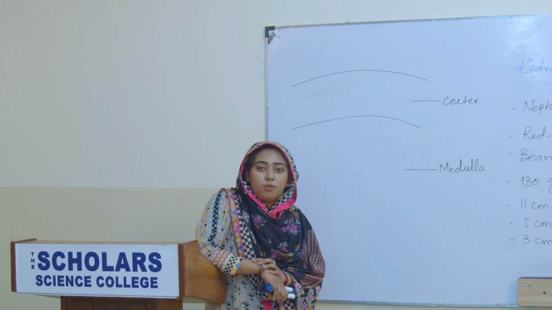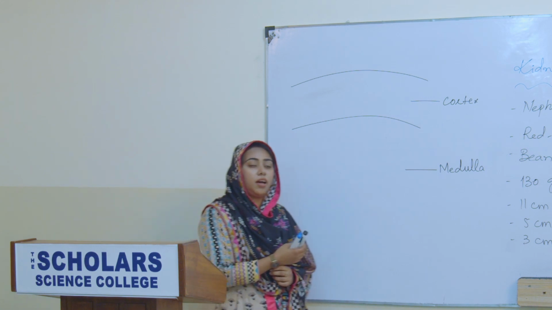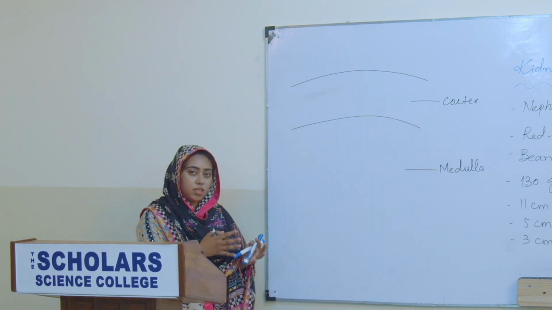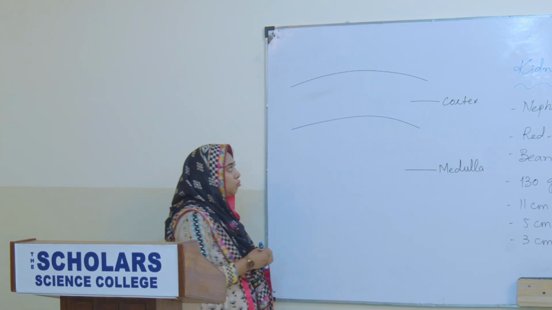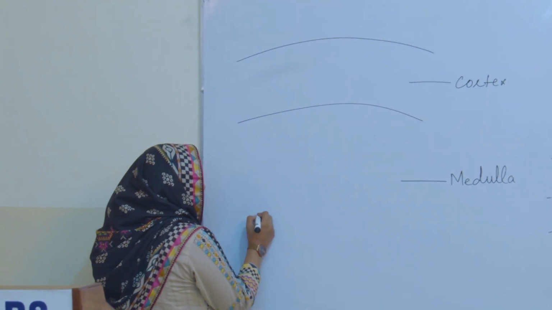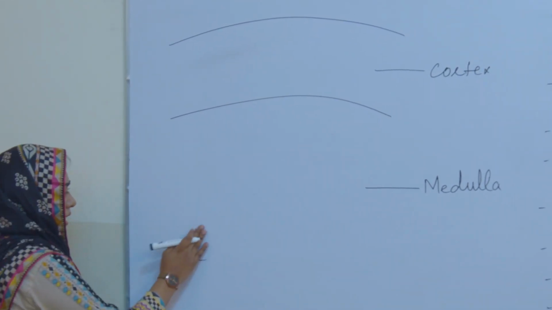Okay, so coming towards the internal anatomy of the nephron. Now I have told you that a lot of the nephrons are cortical nephrons. So here I am going to take an example of that cortical nephron and then draw it to understand which parts it consists of. Usually we divide the nephron into two parts.